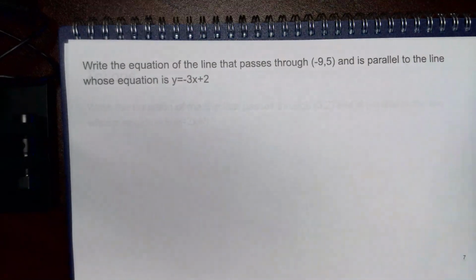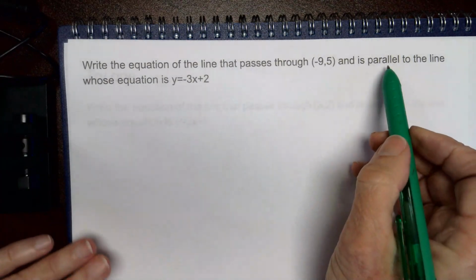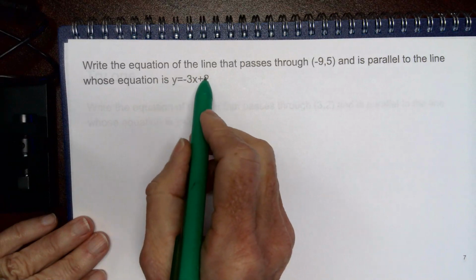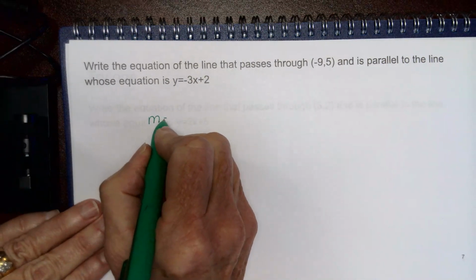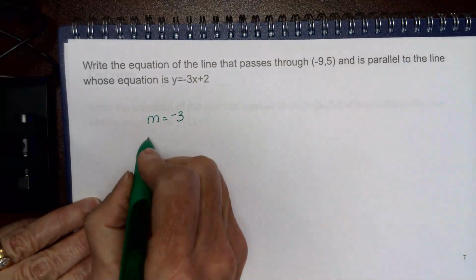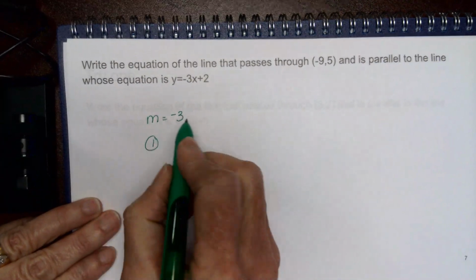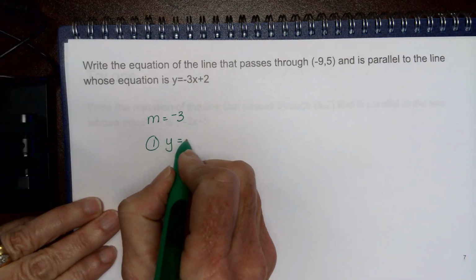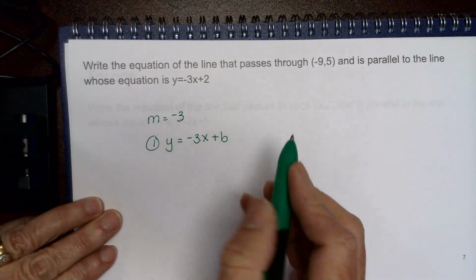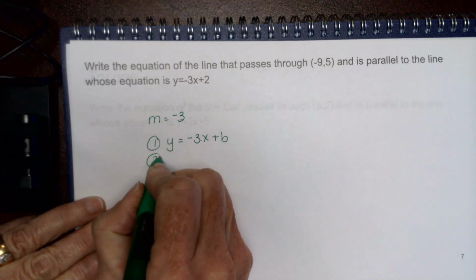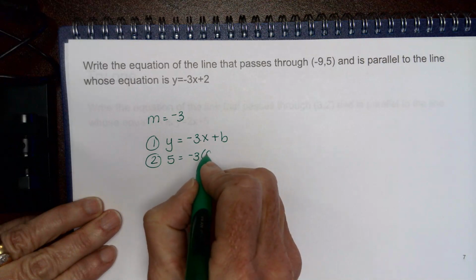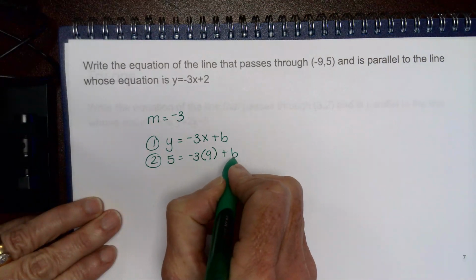Well, what happens when it's parallel? If it was parallel, then the slope I would grab from this equation now is just -3, because parallel lines have the same slope. So I go through the same steps every time. y is equal to -3x plus b. I plugged in the slope there. Then I'm going to plug in the point, so I have 5 is equal to -3 times -9 plus b.